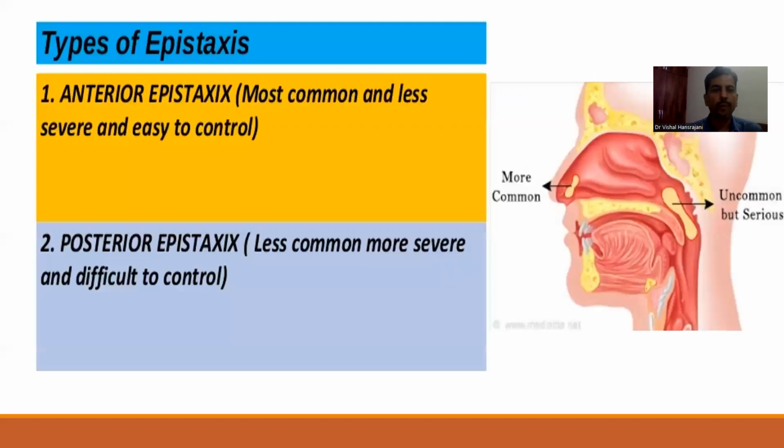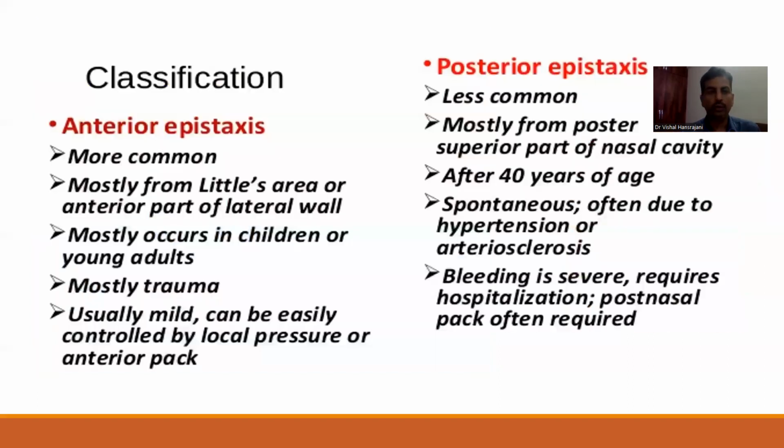There are two types of epistaxis, anterior and posterior. The anterior one is more common, less severe, and easy to control, whereas posterior epistaxis is less common, more severe, and difficult to control.